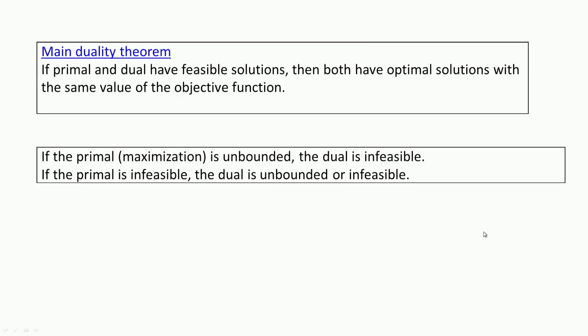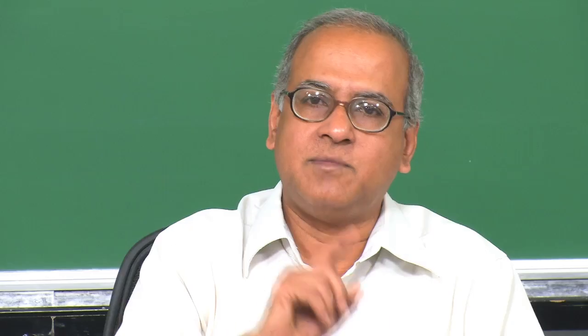Now, this leads us to something. If the primal is a maximization problem, we have already learnt that for every linear programming problem only three things can happen. It will either give a solution, or it will be unbounded, or it will be infeasible. So, if we have a maximization problem which is unbounded, which means the objective function value for feasible solutions can go up to infinity, how does the weak duality theorem behave?